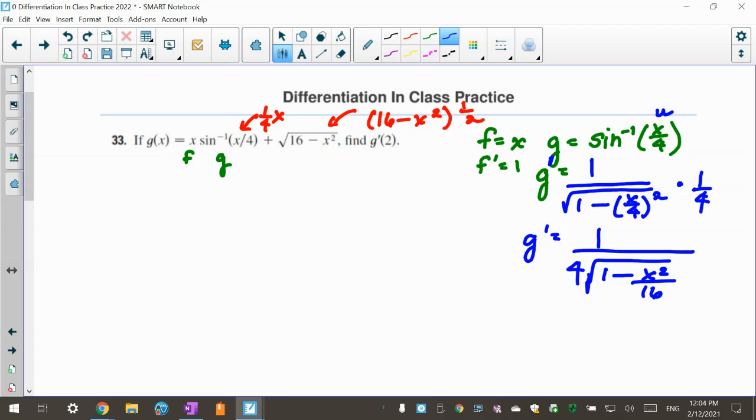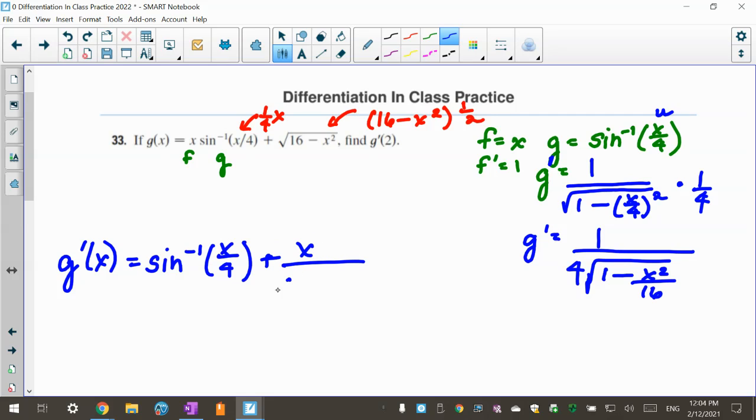So let's start doing the derivative. I'm going to start down here so I have enough room. I have g prime of x is going to be f prime g, so I have inverse sine of x over 4, plus f g prime. And when I do that, it's going to be plus x over 4 radical 1 minus x squared over 16.